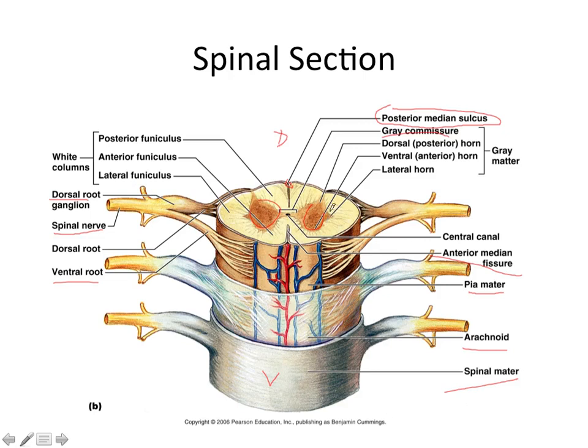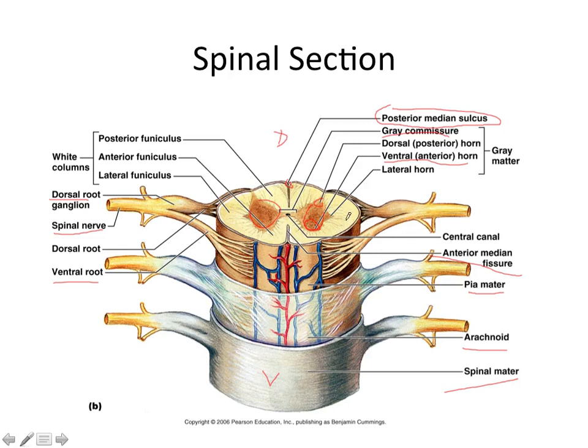The shape of the gray matter is irregular. We have the ventral horn, which we also call the anterior horn. Here is the posterior part, which we call the posterior horn or dorsal horn.